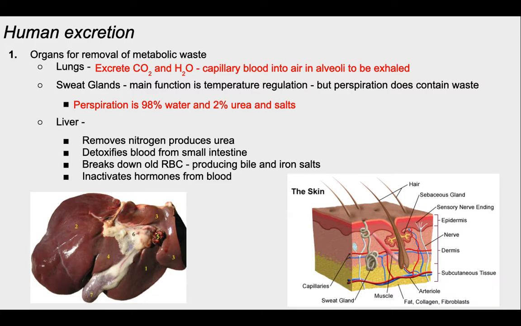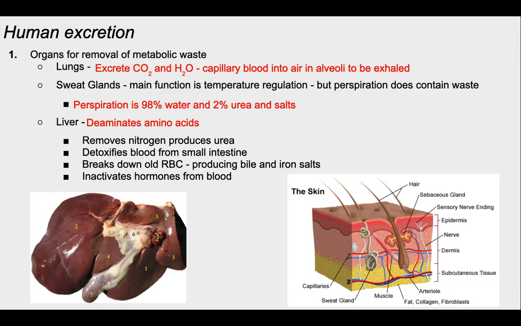The liver is an extremely important organ for detoxifying materials. This is where those amino groups of amino acids are stripped off, and that nitrogen is formed into urea. Also, the liver helps to detoxify poisons from the blood; alcohol and heavy metals are detoxified by the liver.